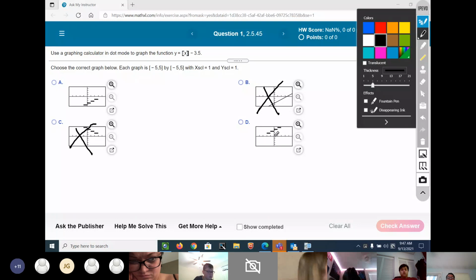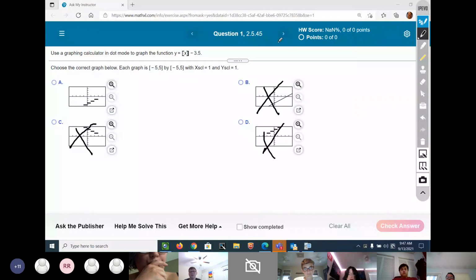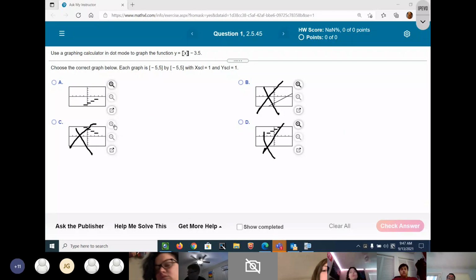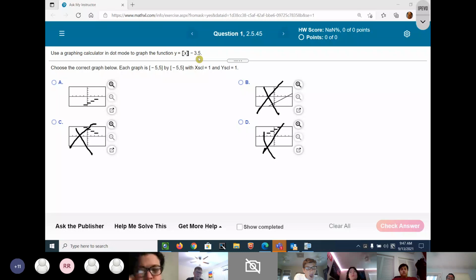This has a vertical shift of 3.5 positive, and this is the only answer. So even if you don't have a calculator, you can still get the answer correct by using your vertical and horizontal shifts and orientation. This is the only one with a negative 3.5 vertical shift.